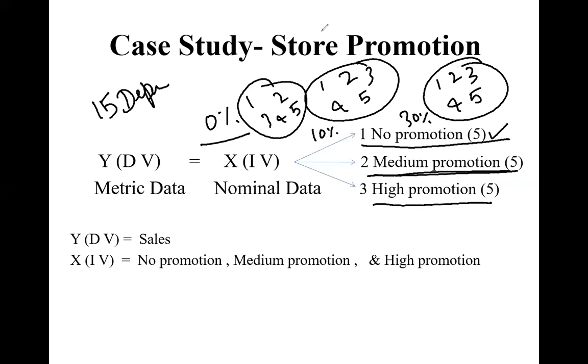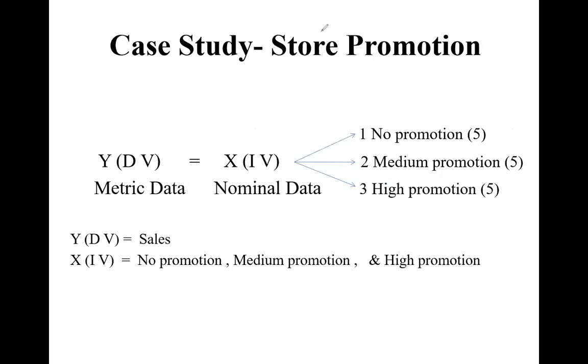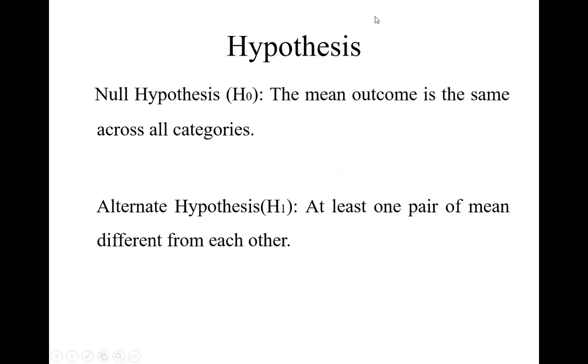So we will develop the null hypothesis. In a null hypothesis, we assume the outcome. The null hypothesis says H naught: x1 equal to x2 equal to x3.